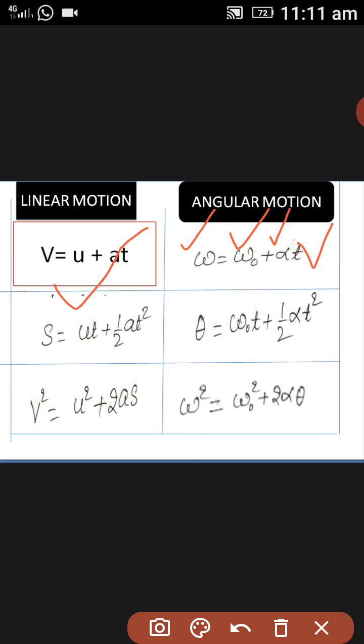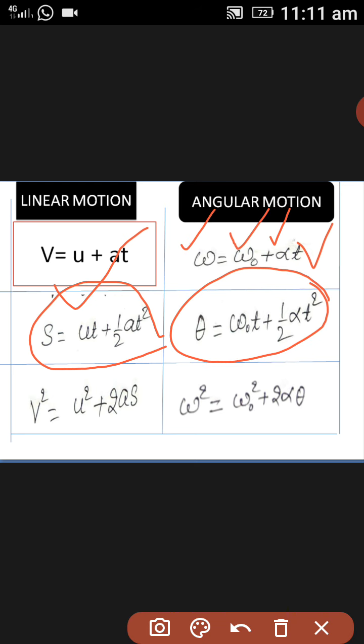Similarly, in linear motion the displacement s is equal to ut plus half at square. In angular motion, the displacement is theta, so omega naught t in place of ut, and half alpha t square in place of half at square.